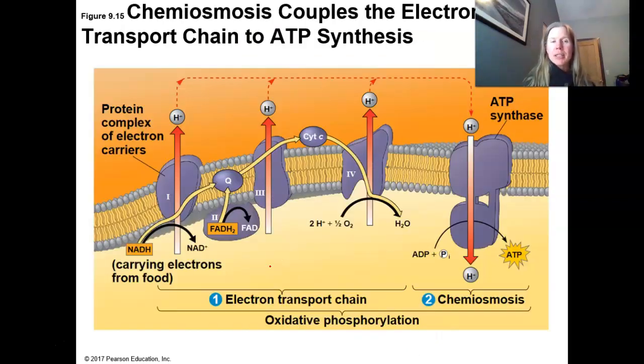Okay, so here is that inner mitochondrial membrane. What we're seeing here is the oxidation of NADH becoming NAD. The electrons, I pointed out, are going to get passed through this series of proteins. But notice what happens since we are following hydrogen. Hydrogen's atomic number is 1, which means it has 1 proton.